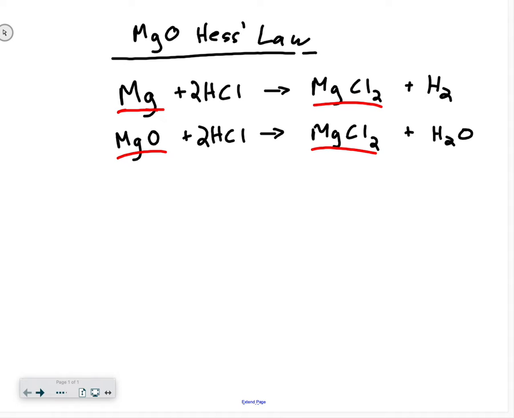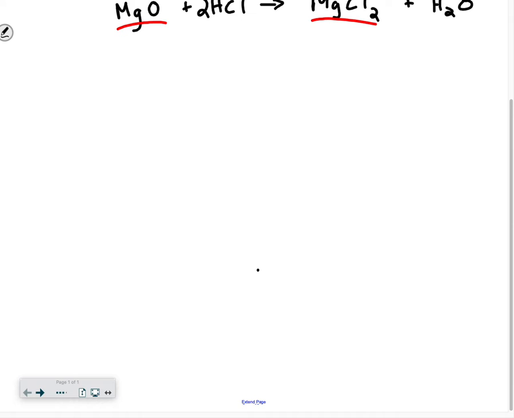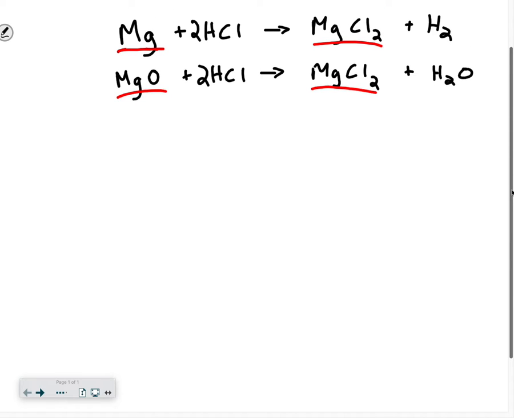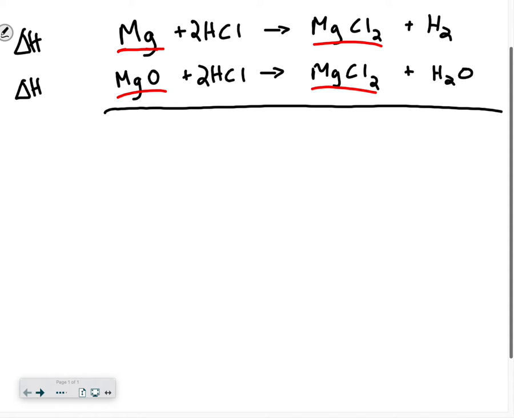So what you can do is apply a little bit of Hess's Law here, and we can draw an energy cycle. With that Hess's Law, you can then add the two of them together. This one has a delta H value, this one has a delta H value.